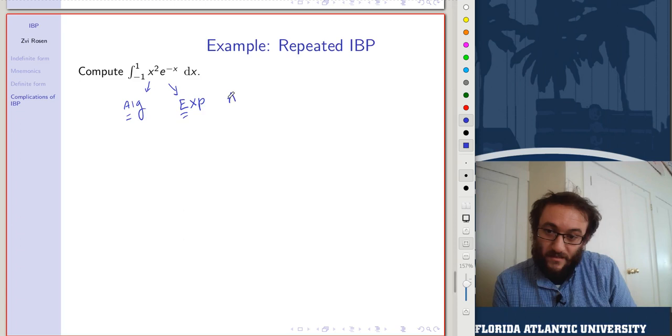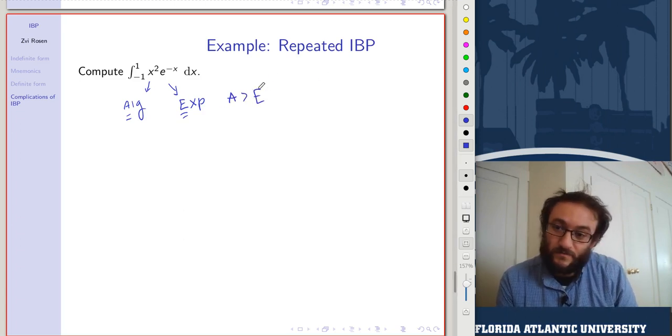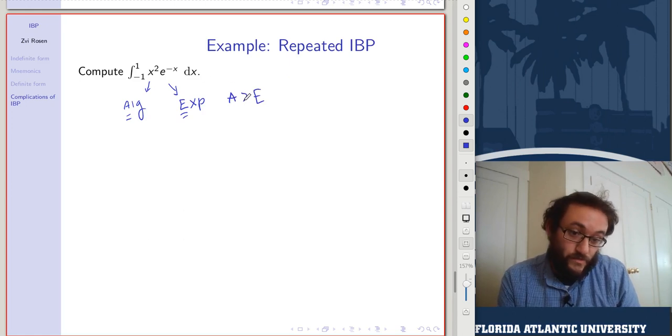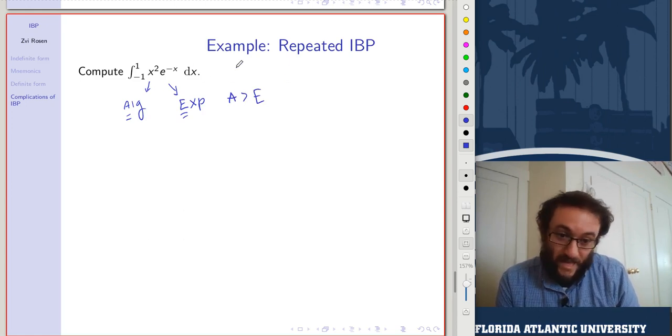We know that a comes before e in LIATE. So we're going to want to use x squared as our u. So let's make u equal x squared, and dv will be what's left, which is e to the minus x dx.